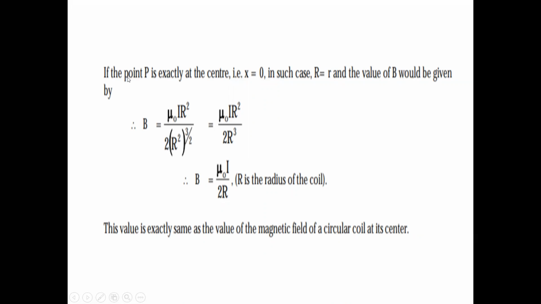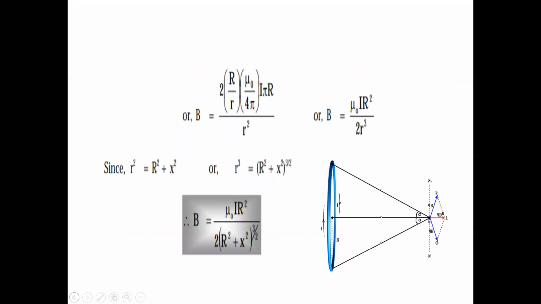Still, there is a special case. If the point P is some x distance from the center of the coil, and we assume this point P is exactly at the center of the coil, then the x value is taken as 0.